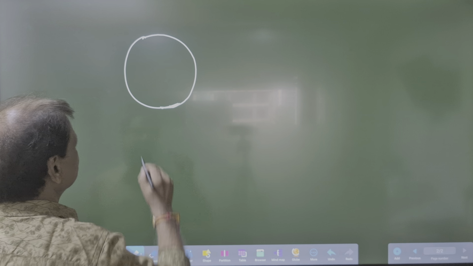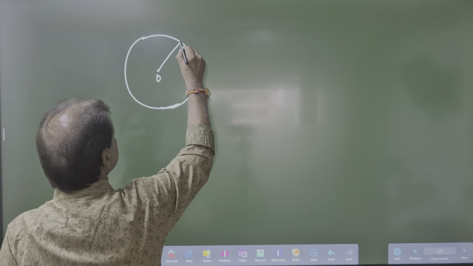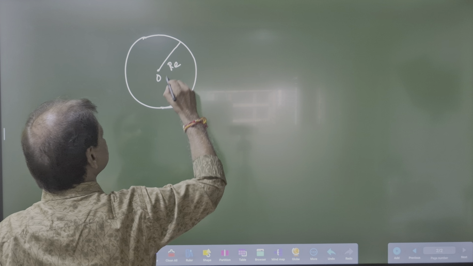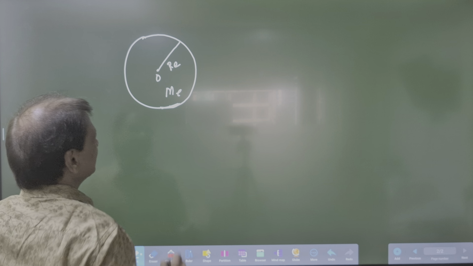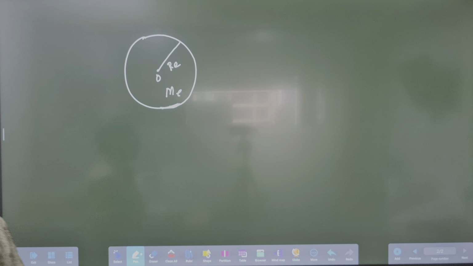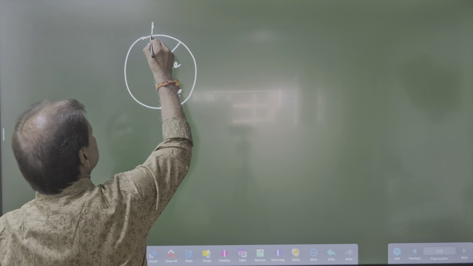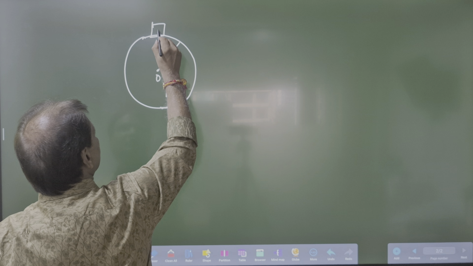Suppose this is Earth. Center is O. The radius of Earth is RE. Mass of Earth is ME, where the E suffix is for Earth. Suppose we have an object over here.